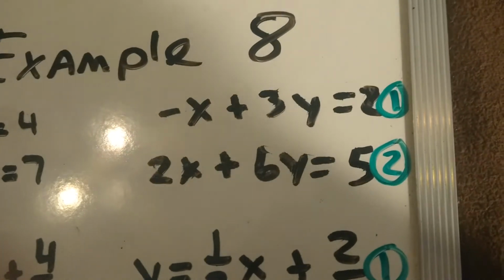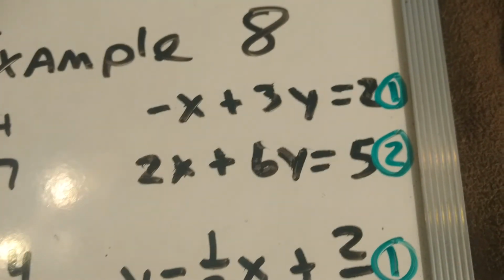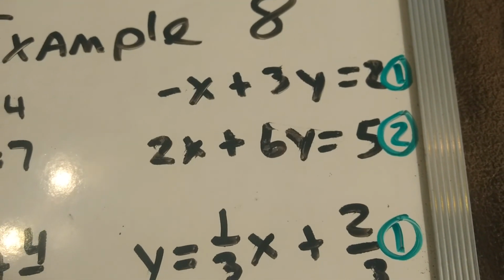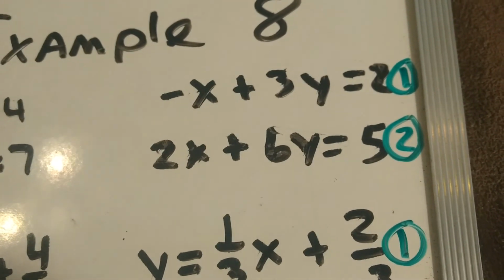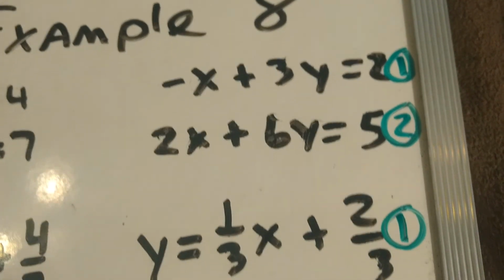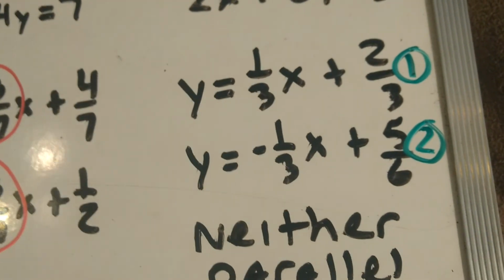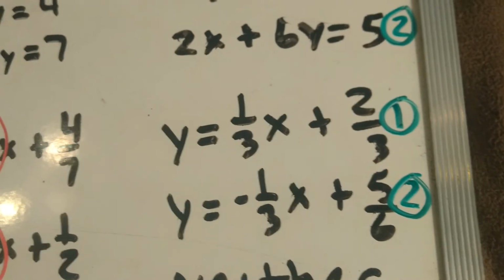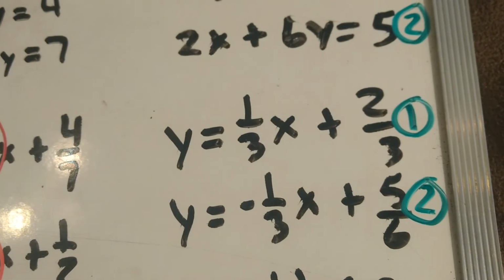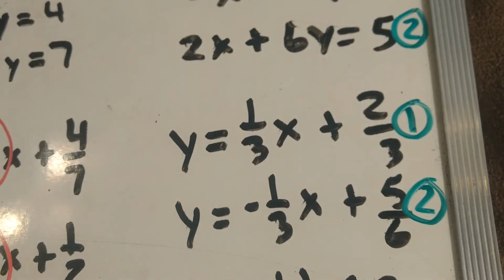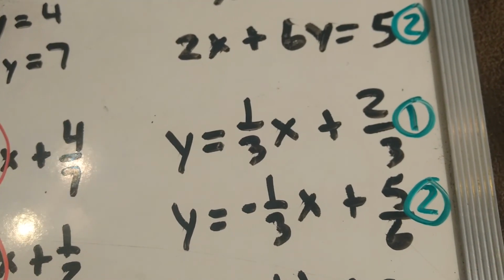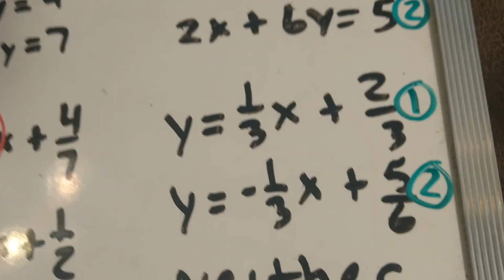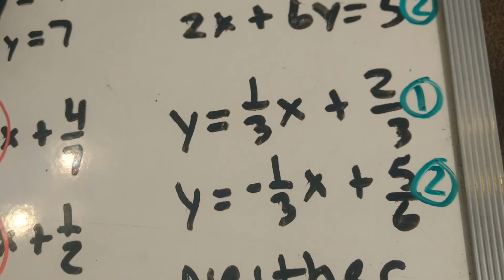Second example here, equation 1 is -x plus 3y equals 2. Second equation is 2x plus 6y equals 5. Again, we use algebra to put the standard form of the equations into slope-intercept form. First equation, we get y equals a positive 1/3 x plus 2/3. Second equation, we get y equals -1/3 x plus 5/6.